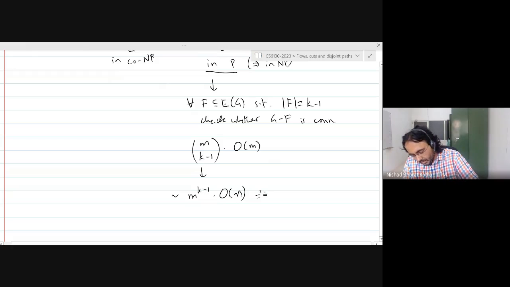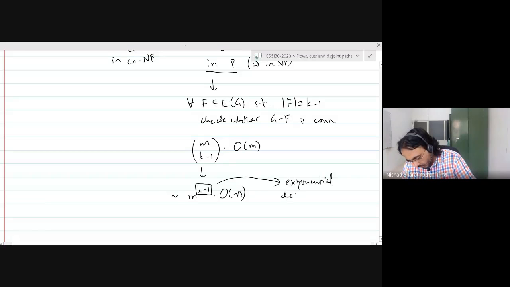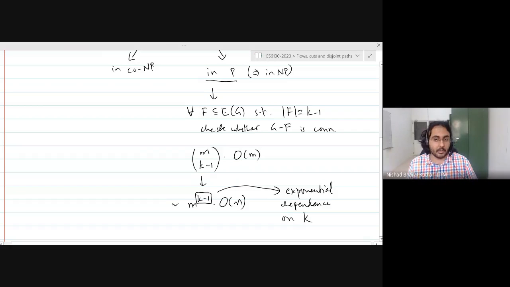The point I want to make is that there is an exponential dependence on k. Which is fine. If k is a constant, this is still a polynomial time algorithm. But it's kind of unpleasant. Ideally, you don't want to have an exponential dependence on k.